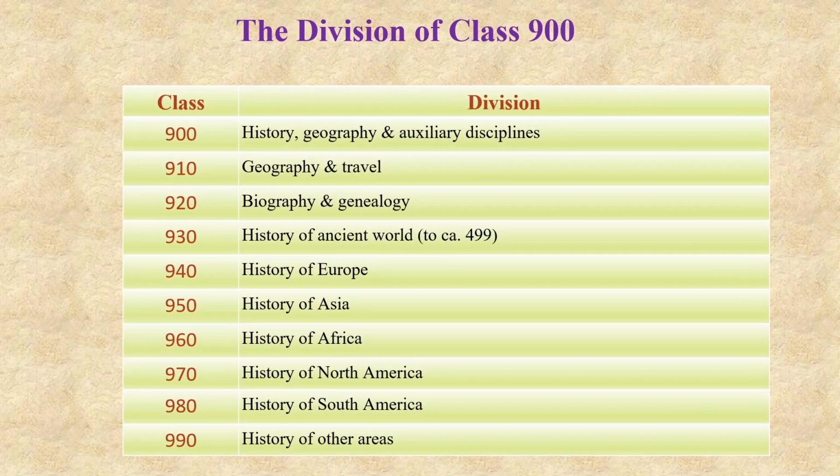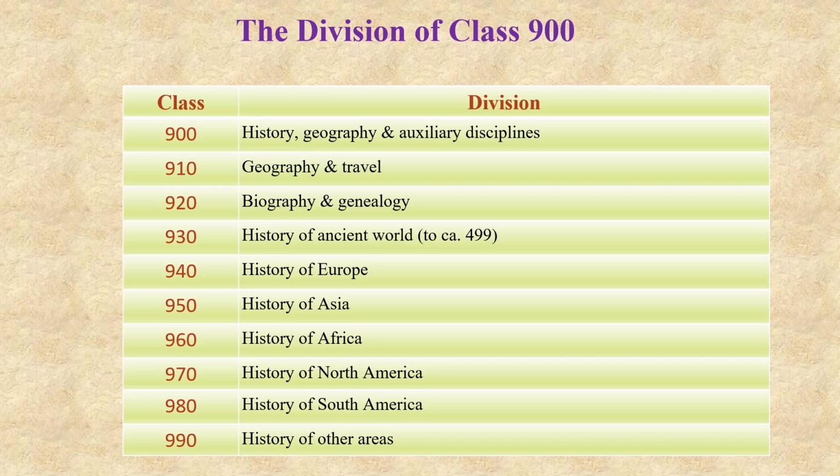Here is a table. On the left side there is a class and on the right side there is a division. 900 covers history, geography and auxiliary disciplines. 910 covers geography and travel. 920 covers biography and genealogy. Genealogy means family history. Then 930 covers history of ancient world to CA 499.